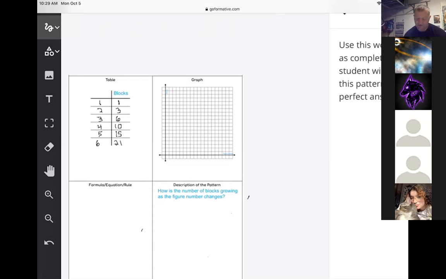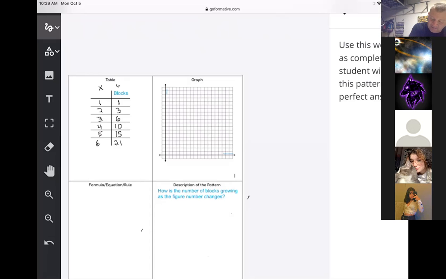So now we're gonna graph the pattern. So this is gonna be like an XY table. So we got 1, 1, 2, 3, 3, 6.